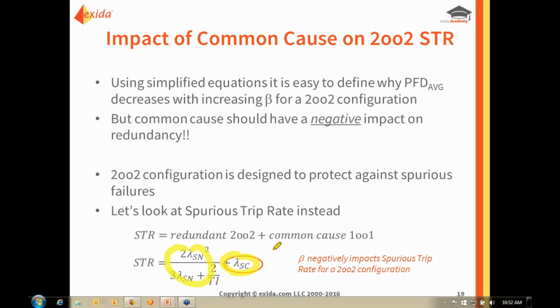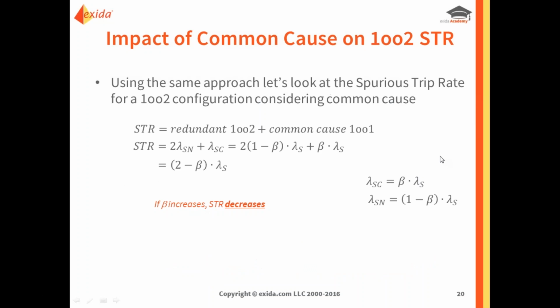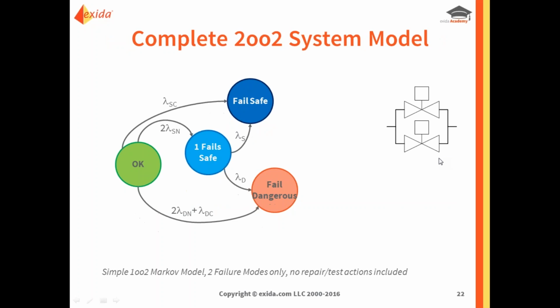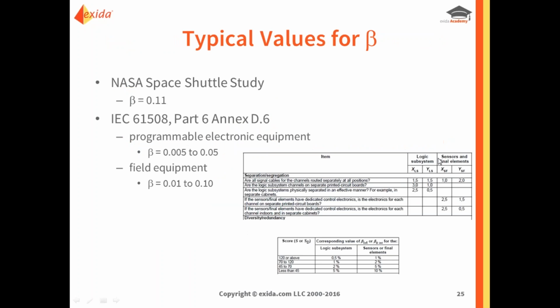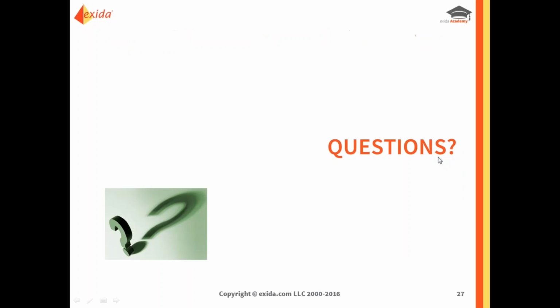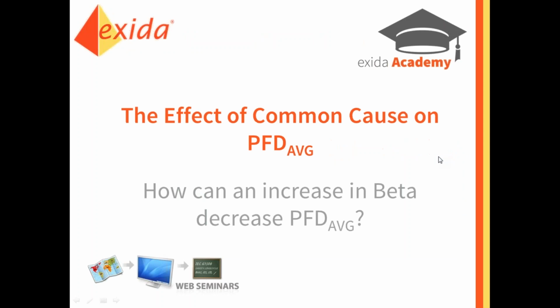So 2 out of 3 basically behaves exactly as we would expect. Beta increasing, PFDavg increases, spurious trip rate will increase. Using the exact same approach that I did for 1 out of 2 and 2 out of 2, you could say the 2 out of 3 behaves exactly as we expect. All right, so good question.